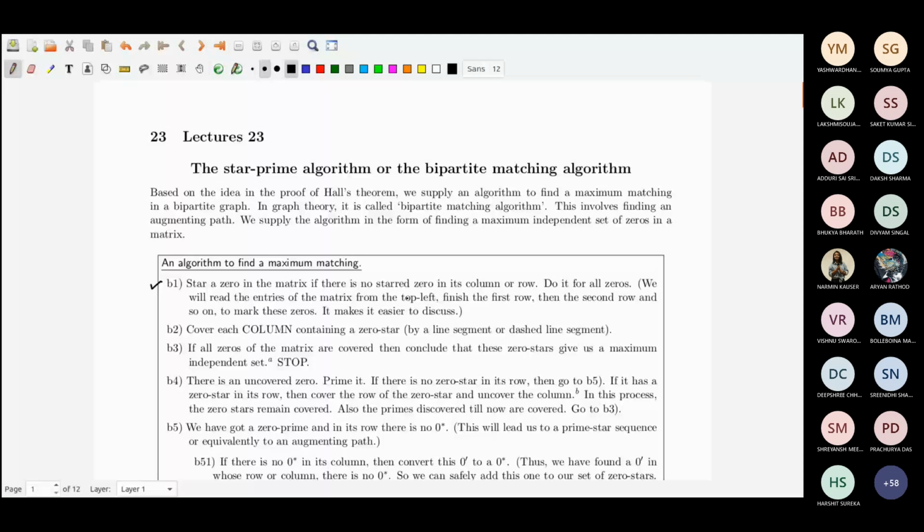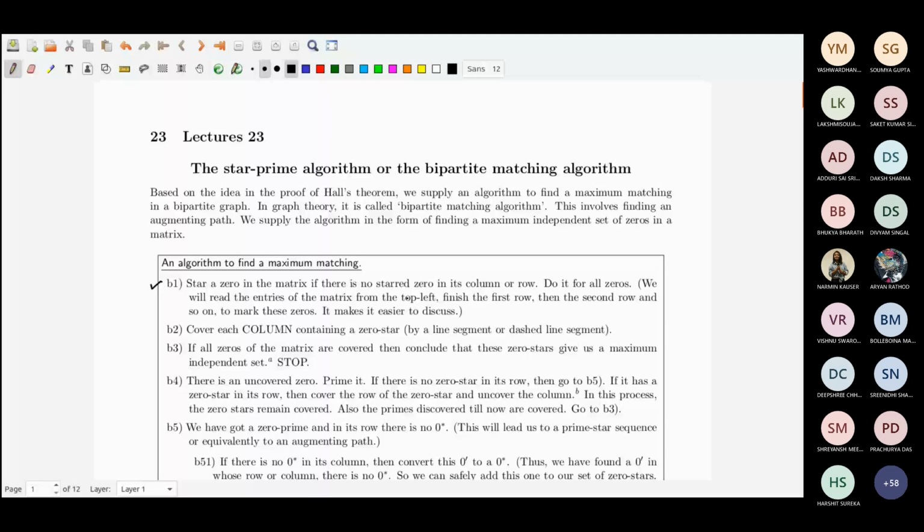Then in the algorithm, at every point of time, it will be asking one question, whether there is a zero entry which is not covered by the lines. That is, it will ask whether there is an uncovered zero.